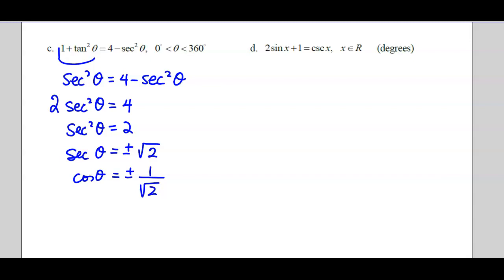So this you can get exact values. We only need degrees in this case, and again between 0 and 360. You don't need a general solution.